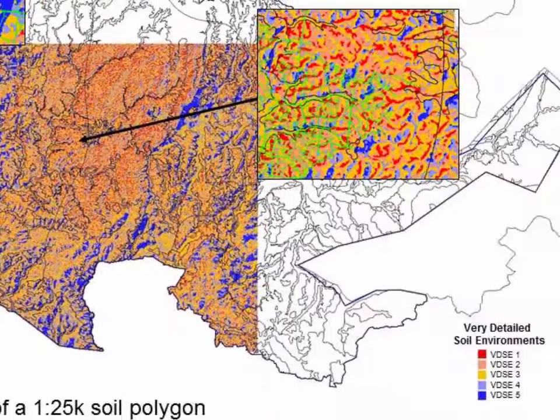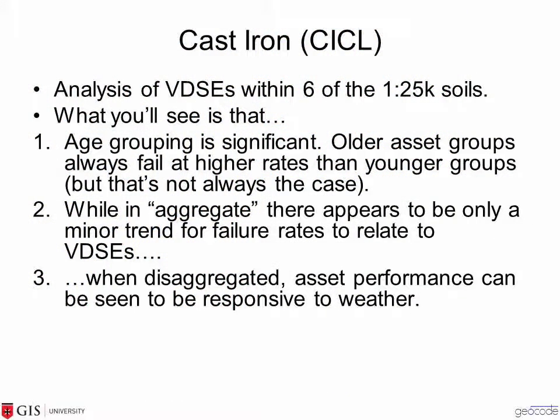And remember, just as a reminder, we're no longer interested in whether a soil is corrosive or not. What we're interested in is only how an asset performs within each very detailed soil environment. So what we're about to look at is analysis of very detailed soil environments within 6 of the 1:25,000 soil types. What you will see is that age grouping is significant.